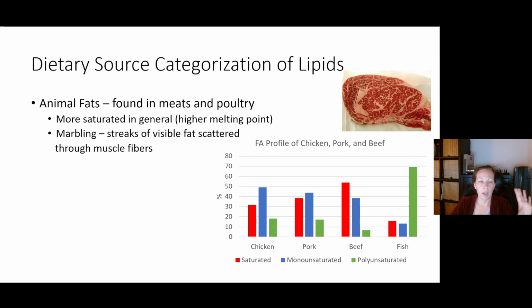So, I kind of mentioned this earlier, there are also some differences in the animal type and ability to produce unsaturated fats. The biology of ruminants, which include cattle and sheep, animals with more than one chamber to their stomach, makes them generally predisposed to produce more saturated fat. It's just that the products of digestion produce a lot of saturated fat in general.